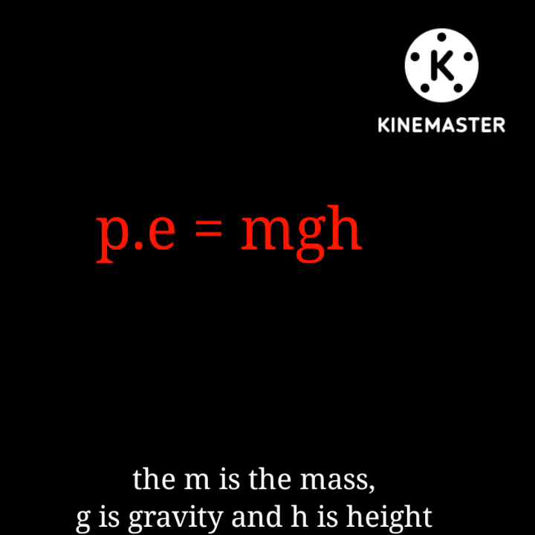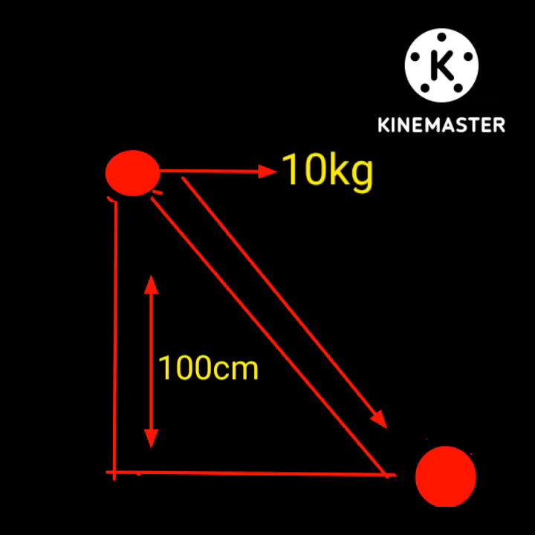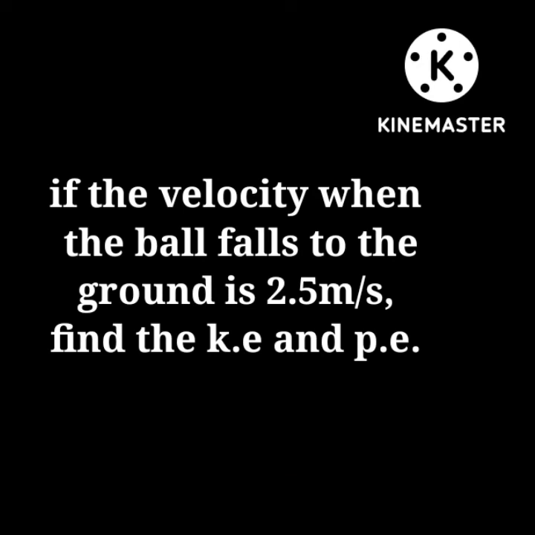Now the formula for potential energy, the PE, equals mgh. The m is the mass, the g is gravity, and the h is the height. Now let's move to a question. I have this diagram. If the velocity when the ball falls to the ground is 2.5 meter per second, find the kinetic energy and the potential energy, that's the KE and the PE.